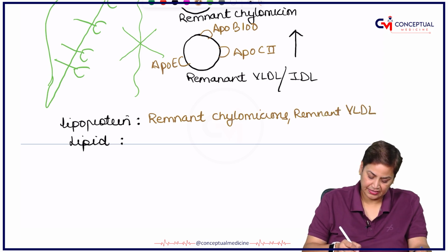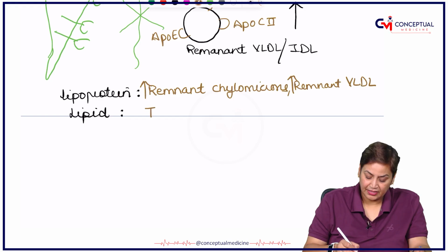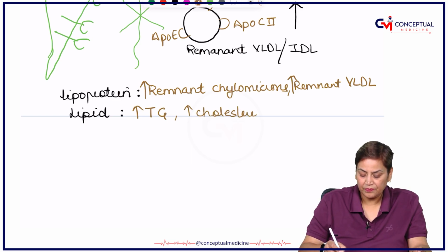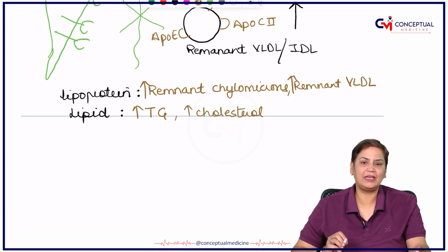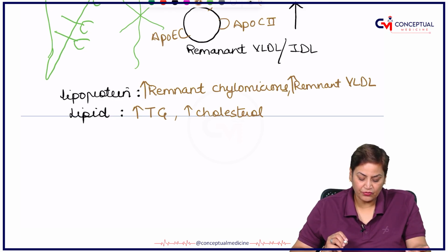They will increase. And the lipid increase will obviously be the triglycerides. They will also increase. Along with triglycerides, cholesterol is also going to increase here. This is the basic difference between type 1, 2 and 3. In 3, there is increased concentration of triglycerides, and there is increased concentration of cholesterol.